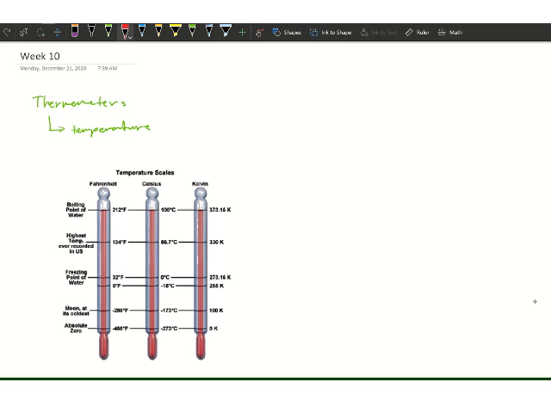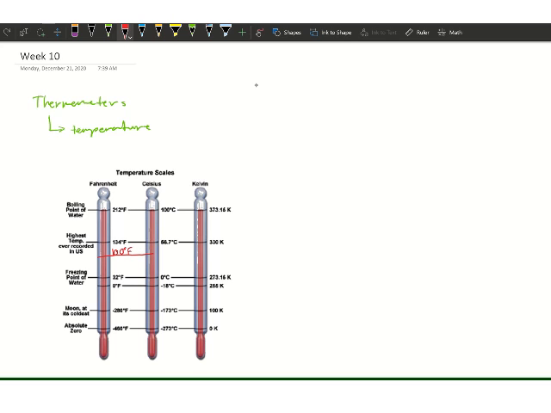So the starting point of 0 for Fahrenheit is slightly lower than Celsius. Then where does Fahrenheit 100 lie? Let's say it is somewhere here.